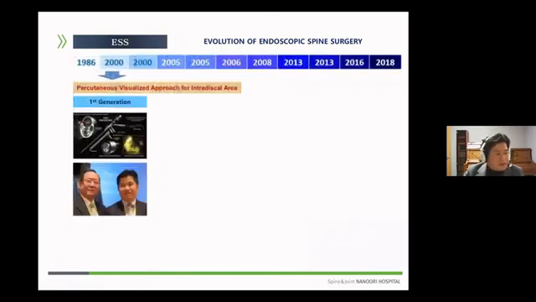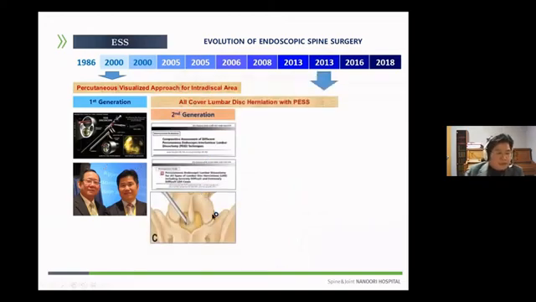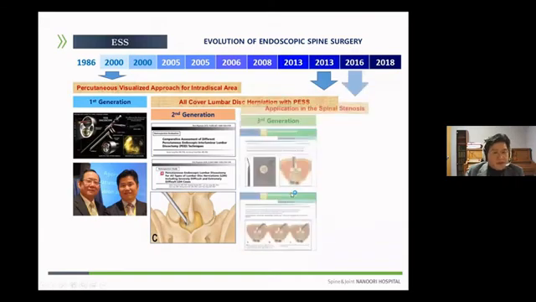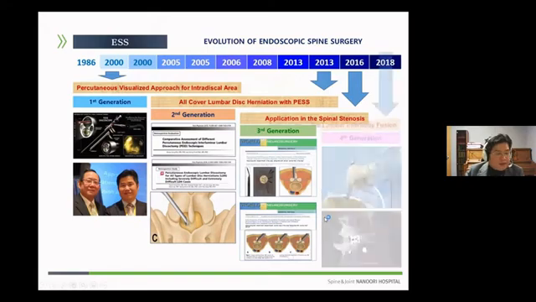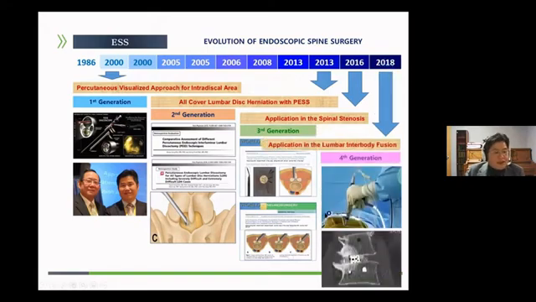Endoscopic spine surgery has made a lot of progress over the years. It has undergone transforaminal endoscopic lumbar discectomy, the second generation of interlaminar endoscopic lumbar discectomy, and the third generation of endoscopic decompression surgery, and is now entering the era of endoscopic fusion surgery.